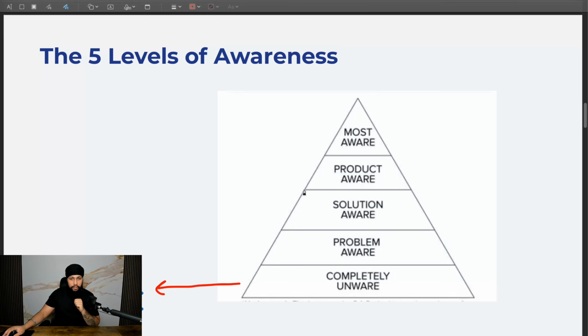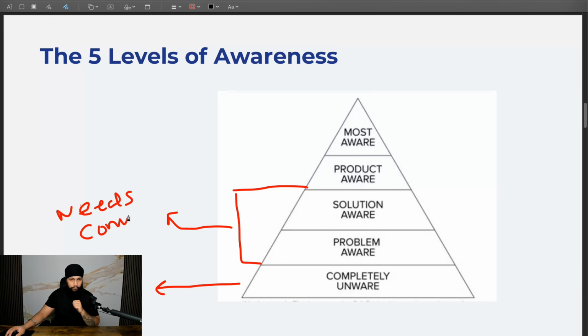The problem and solution aware people, okay, these generally tend to be the needs convincing market segment. Okay? And product and most aware, these people tend to be in market. Okay?